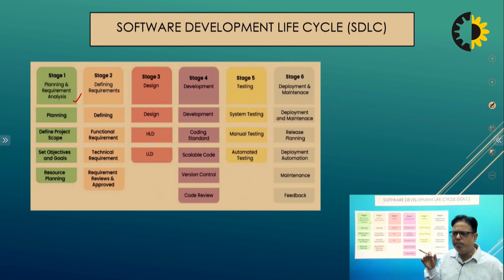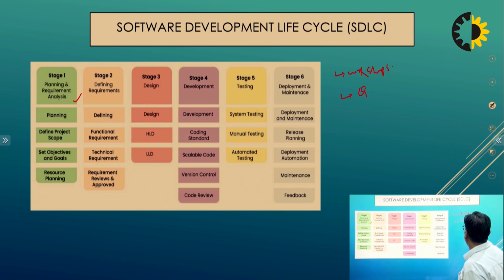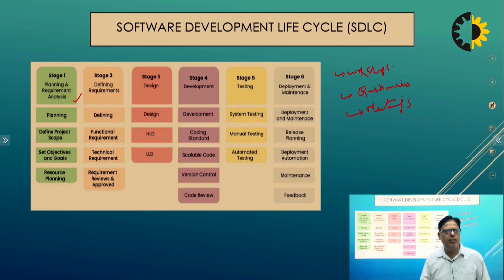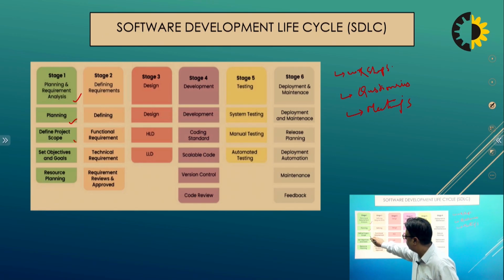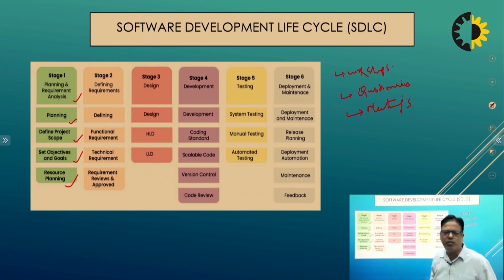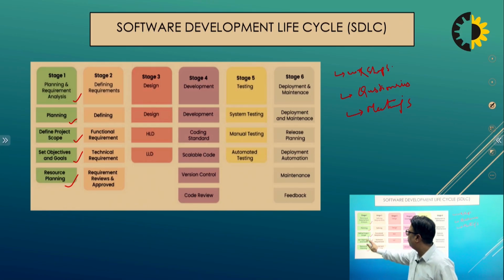There are different methods of requirement collection, like organizing workshops, providing questionnaires, and meetings. There are many methods, basically collecting requirements through the customers and third parties. Then planning, defining project scope, identifying the objectives and goals, and identifying resource planning. So, these are the contents belonging to phase 1.